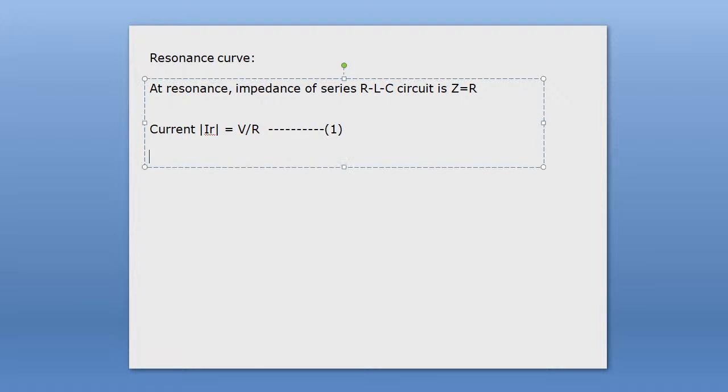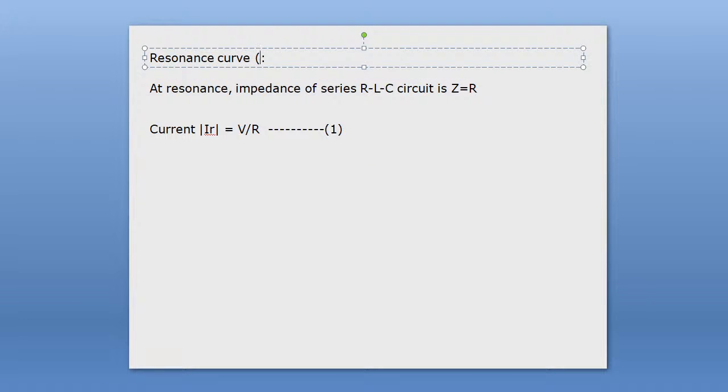Now you consider the current. Our objective is the resonance curve. What does resonance curve mean? Write inside a bracket, I versus frequency curve. I is the current through our circuit and f is the frequency of the input signal.